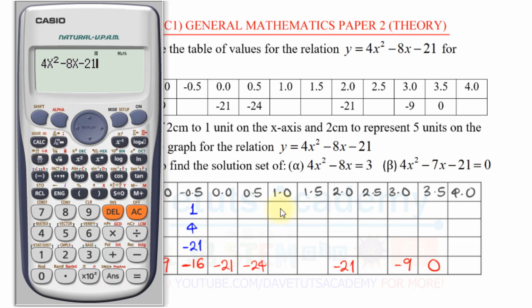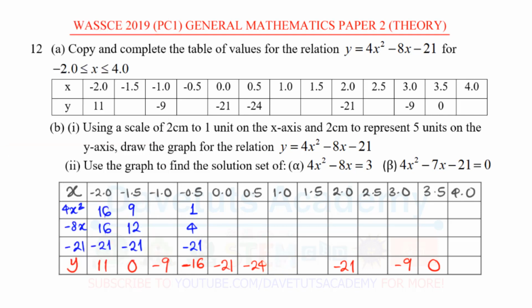For example, when x is 1, I can just say calculate. Take 1.0 as the value of x, and then you can see that when x is 1.0, the value for y is minus 25. So I can say this is minus 25.